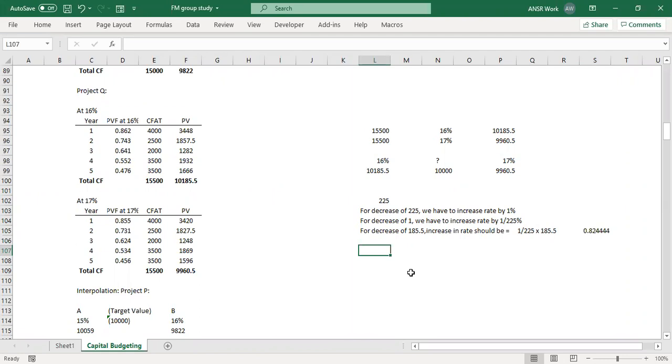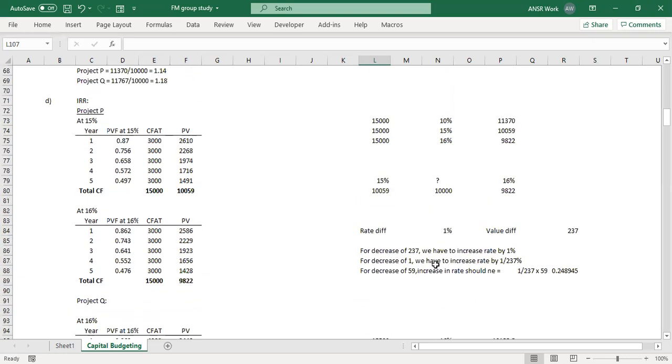Sorry, Dheeraj, I have one question. Please. For project P, I'm just going back to the initial thing. For project P, we found out the PV because the amount was the same, like 3,000. So we did the PVIFA and then we found out the amount.